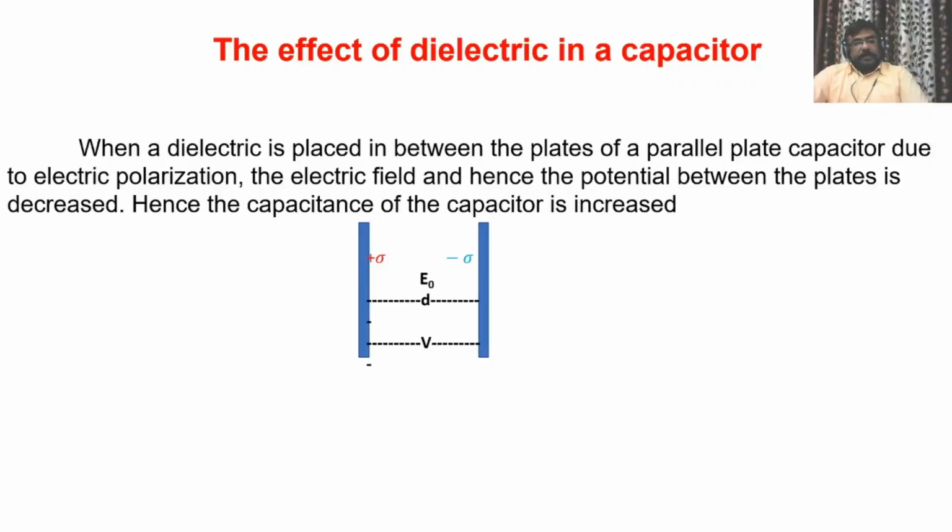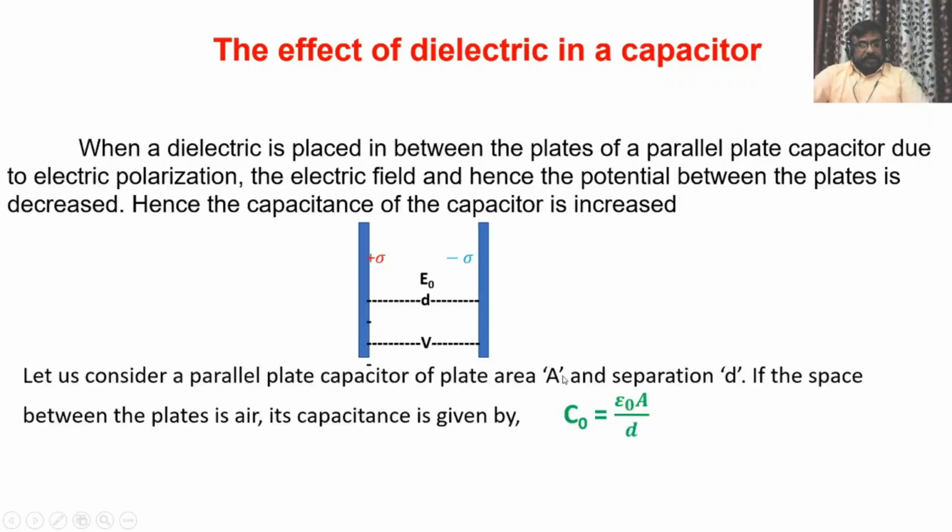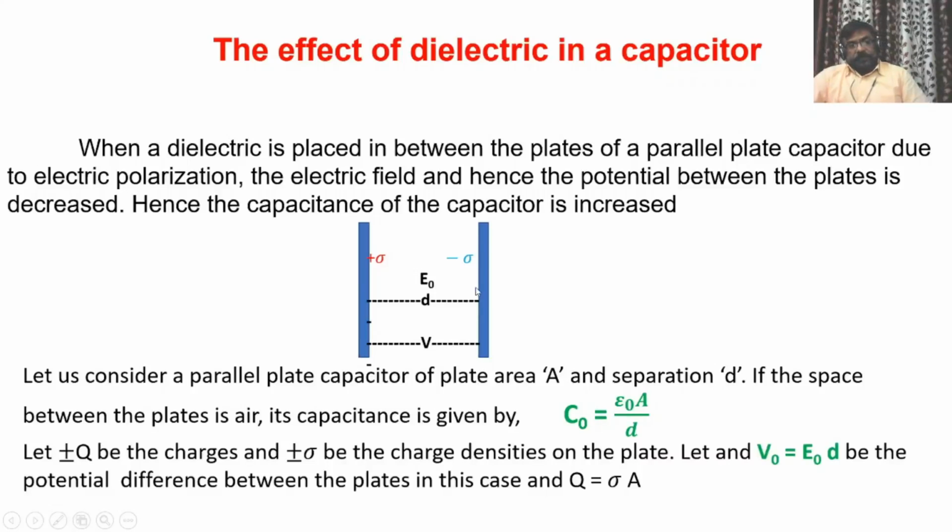Now let us consider a parallel plate capacitor. Let A be the area of each plate and the separation between them be d. If the space between the plates is air, its capacitance is given by C0 is equal to epsilon 0 A by d. The capacitance depends upon the area of the plates and the distance between the plates.